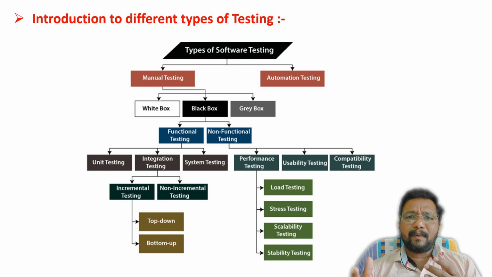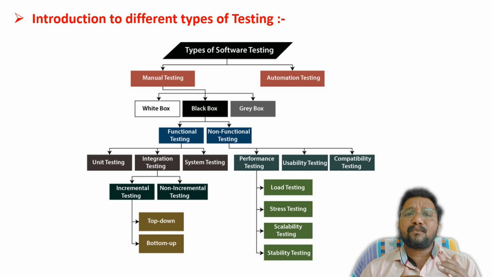Whether the developed product can run on multiple platforms or not, and whether the developed web project runs in different browsers like Chrome, Firefox, Safari, and others, and on different devices like laptop, desktop. All these things will be tested. That is called compatibility testing.